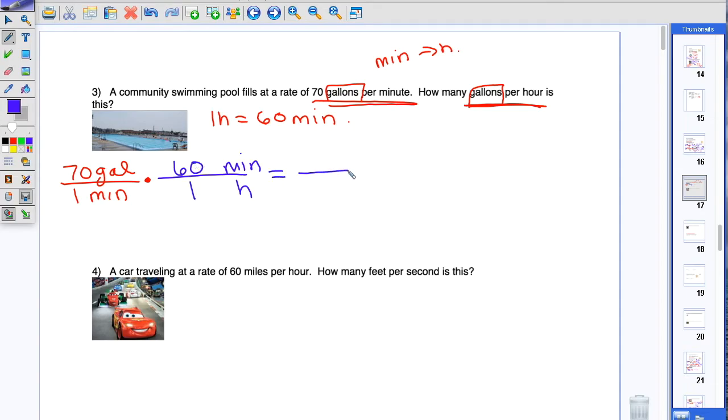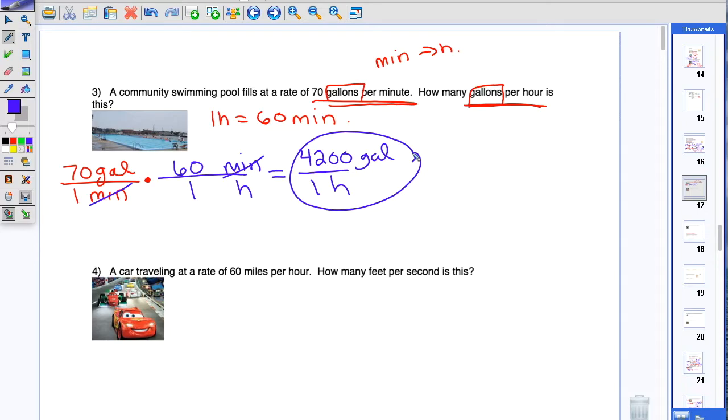Now multiply going across, so we end up getting 4,200, and then our units would be gallons because we're canceling out our minutes, and then our denominator would be 1 hour. So our final answer is already a unit rate. So if we were filling a pool at 70 gallons per minute, it would take us 4,200 gallons per hour.